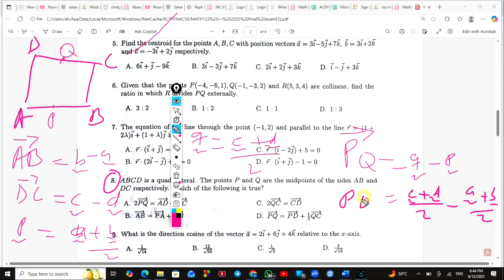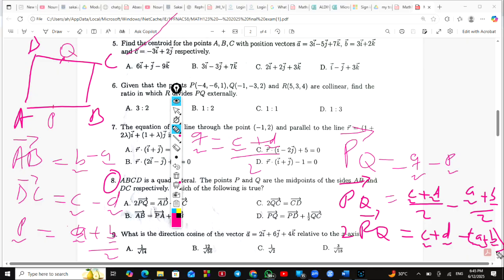So for this PQ, we can multiply through by 2. We have 2PQ equal to C plus D minus bracket open A plus B.